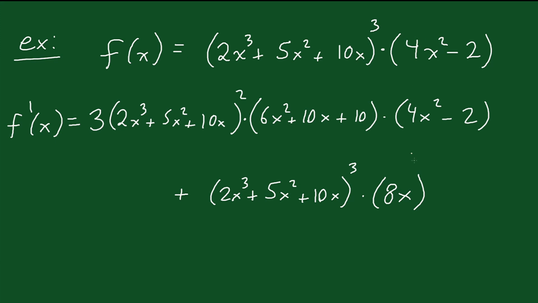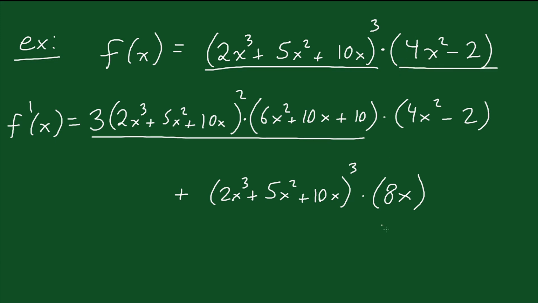Because 2 times 4 is 8, the 2 reduces to a 1, so this is just x, and you have the constant minus 2. When you take the derivative of a constant, like we talked about before, it becomes 0, it goes away. So that first part was a lot longer than the second part because the derivative we had was more complex than when we took this derivative and simply got 8x, right?